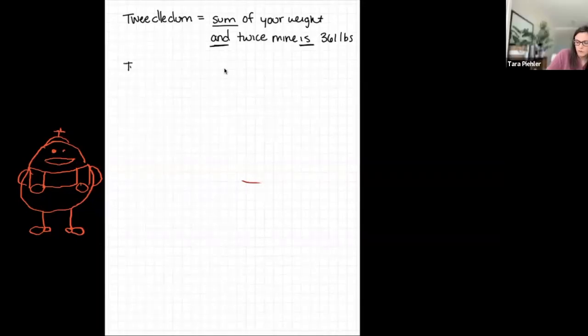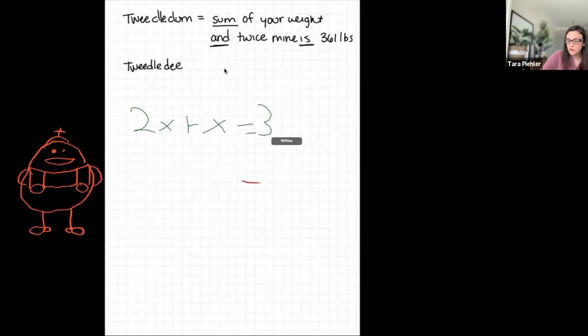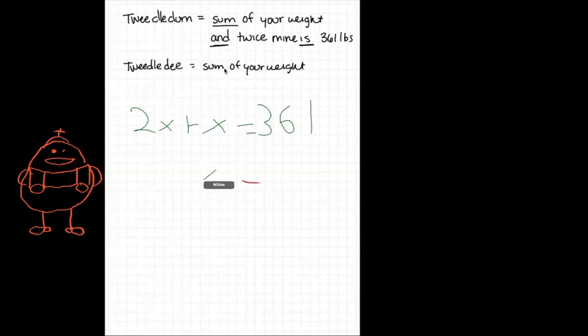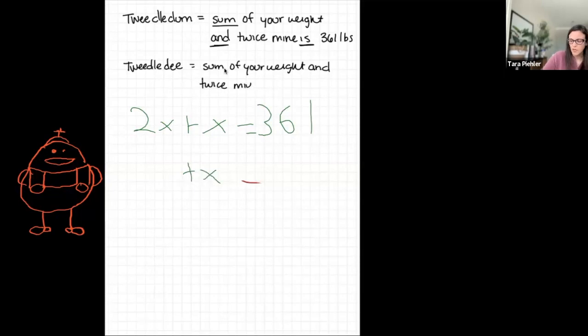Because we also have Tweedledee, old Tweedledee, because Tweedledee says, well, the sum of your weight, of Tweedledum's weight, and twice mine is 362 pounds.